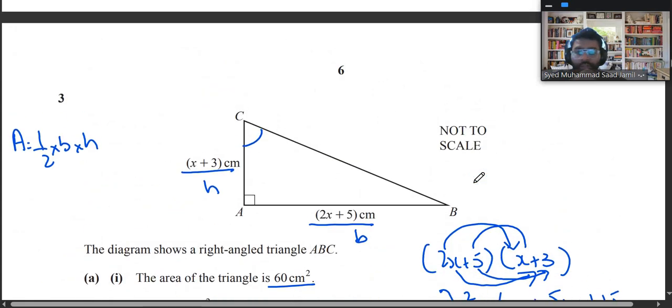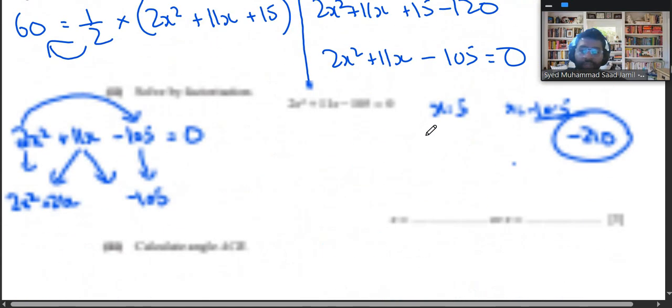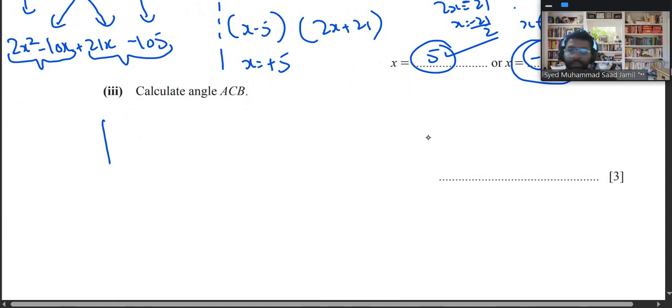So this becomes x plus 3, that is 5 plus 3 is 8. And this becomes 2 multiplied by 5 is 10, 10 plus 5 is 15. So now I have the values 8 and 15. This is 90 degrees. I want to find this angle.